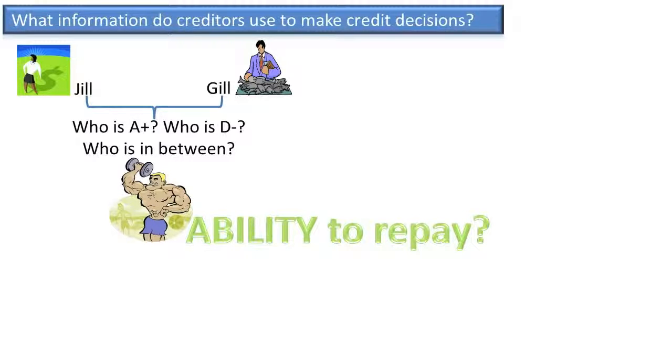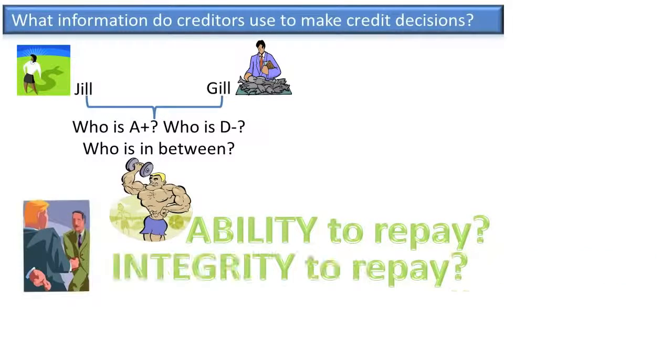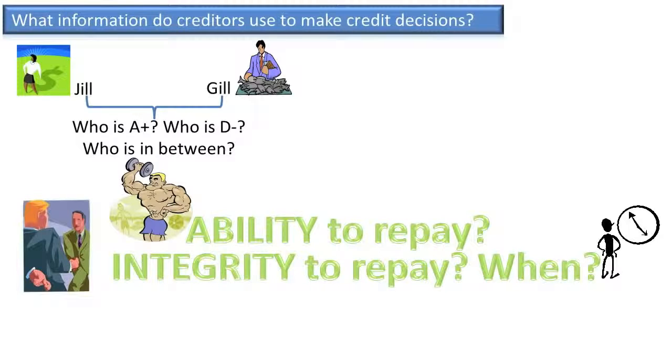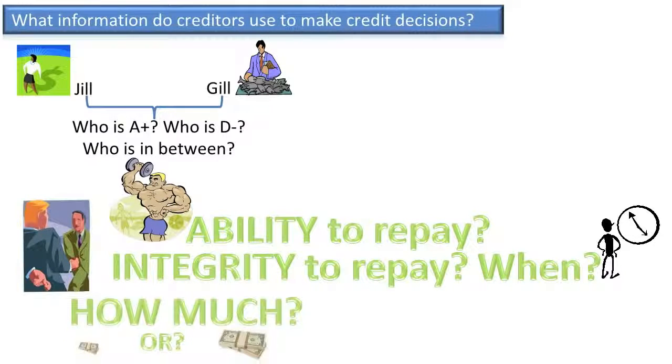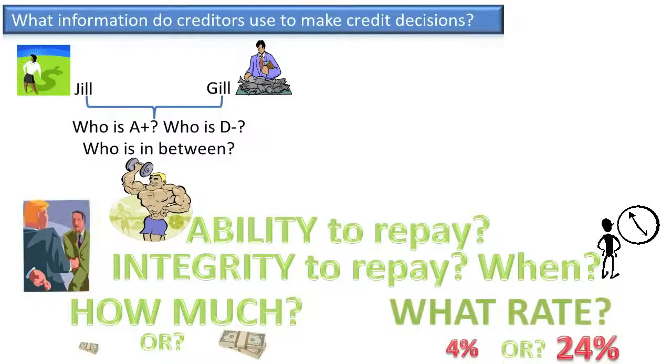Do I believe this borrower or customer will have the integrity to pay the money back as promised? 3. When will the borrower or customer pay the money back? 4. How much should this borrower or customer be allowed to borrow or purchase on account? $1,000, $10,000, $500,000, etc. 5. What rate, if any, should be charged?